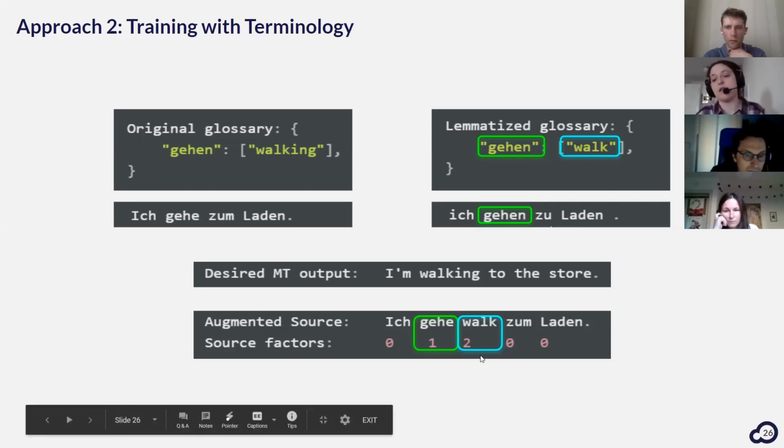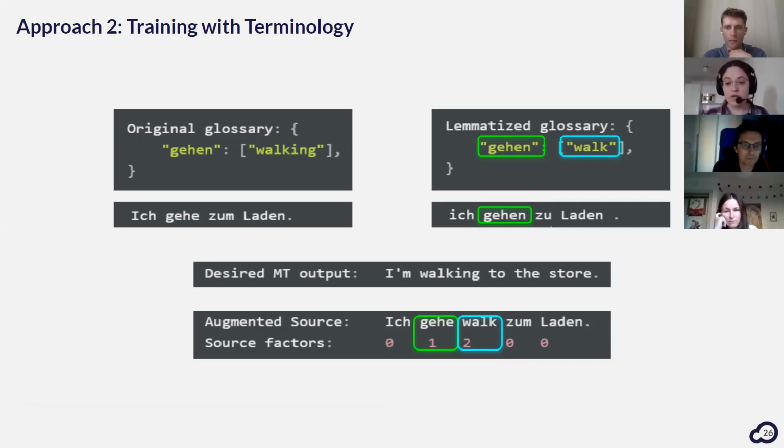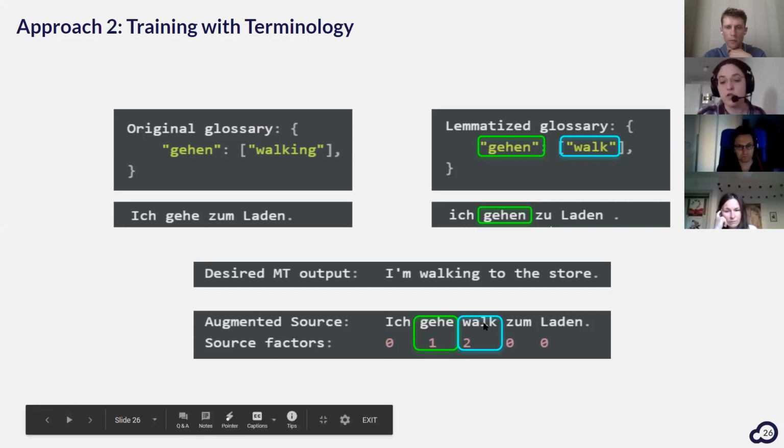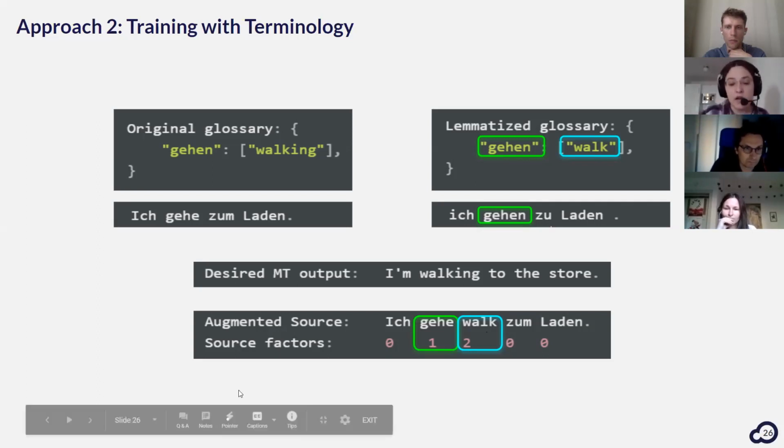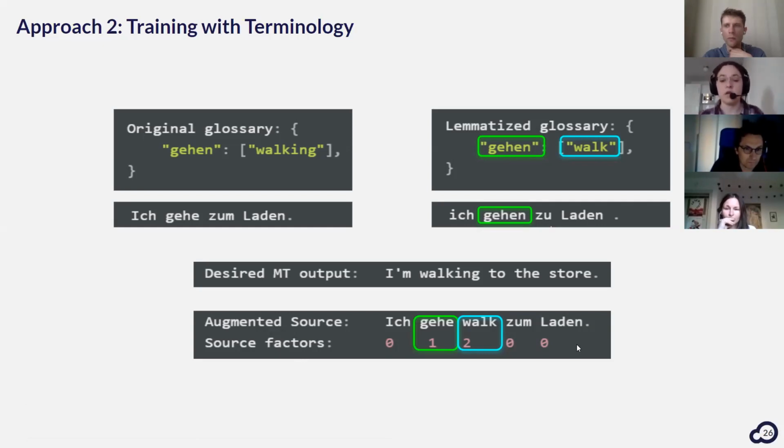The whole point is to train the model that when it sees this 1 and this 2, it gets used to inserting the word underneath this 2. So this is training a kind of copying mechanism. Then at inference time, you are ready to provide a new glossary with new terms that it's never seen before, and as long as you give it this second input signal of the source factors, it will make these insertions. So, any questions up until this point?